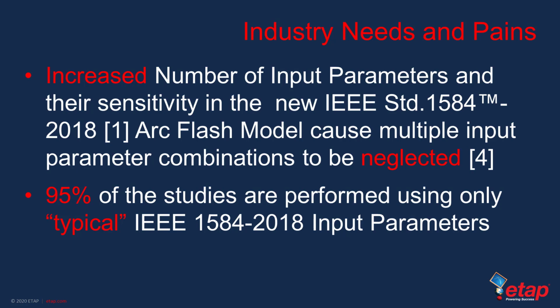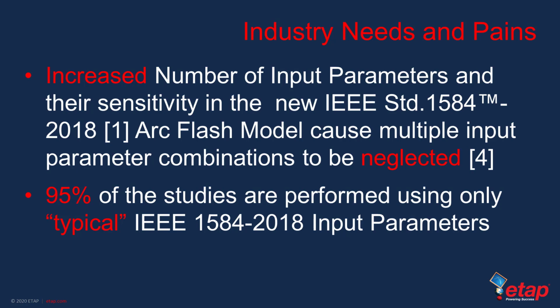The last main driver for this research and development for this particular concept of the C areas is the basic fact that, at least in my humble opinion, 95%, if not more, of all the arc flash studies being performed out there use typical input parameters provided in the standard. I know that we worked in the committees very hard to develop the typical data tables during the writing stage of this new standard.